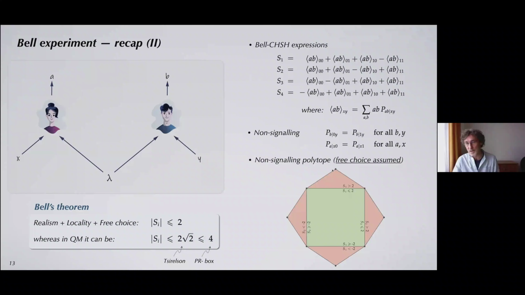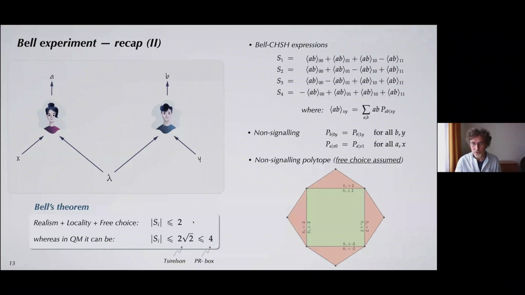We know that these non-signaling polytopes, which assume, by the way, freedom of choice, because in that framework, when people research this area, they always assume freedom of choice. So this non-signaling polytope is spanned by 8 PR boxes and 16 local strategies, and we know that this local area here, red, is given by those 8 equations, and that is known.